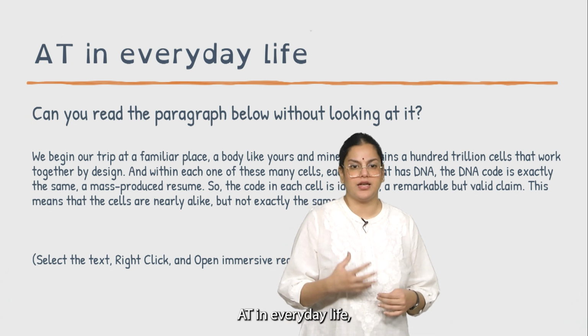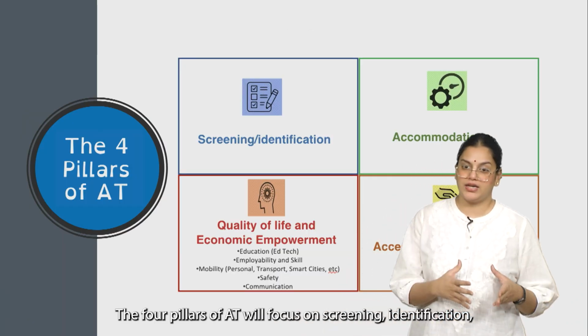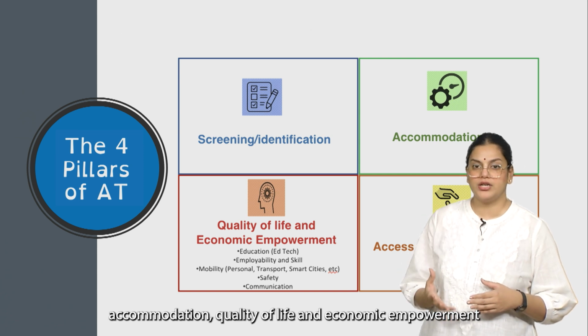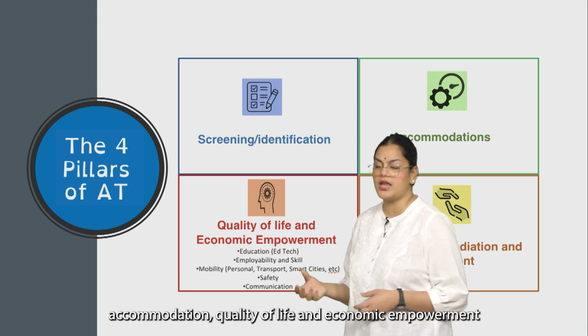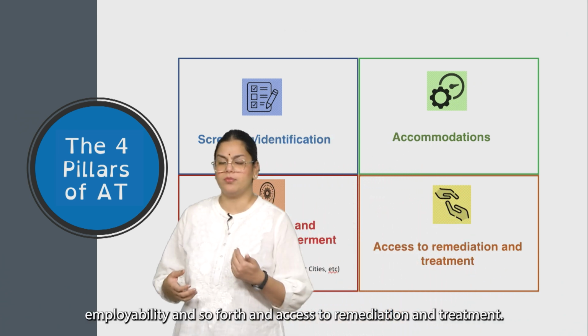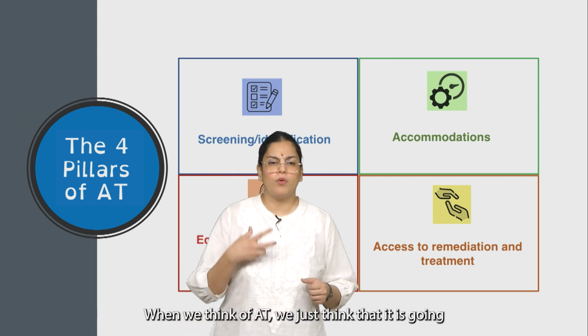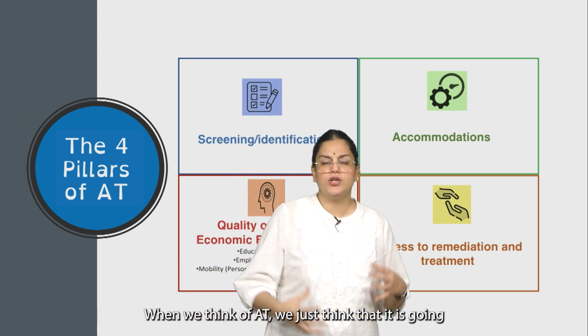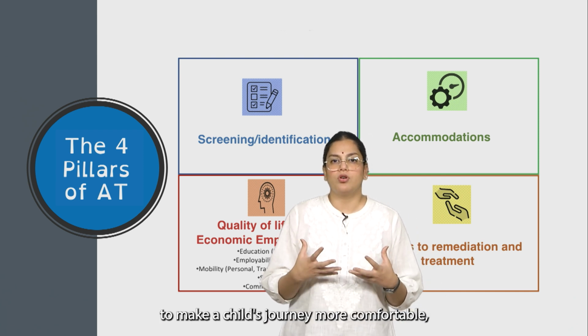The 4 pillars of AT will focus on screening, identification, accommodation, quality of life and economic empowerment, and it will focus on education, employability and so forth, and access to remediation and treatment. When we think of AT, we just think that it's going to make a child's journey more comfortable.